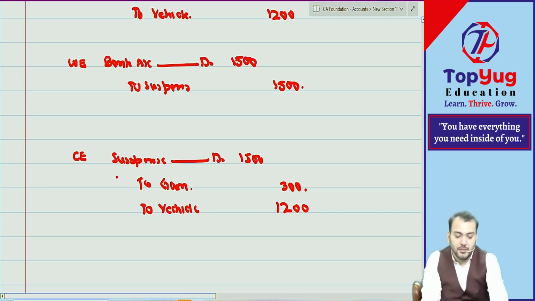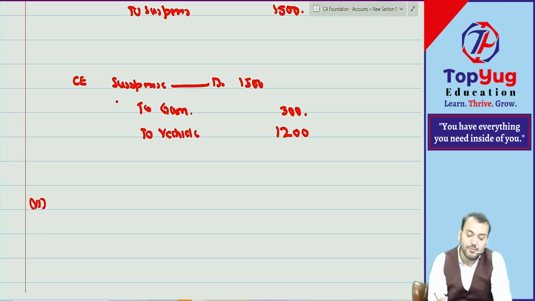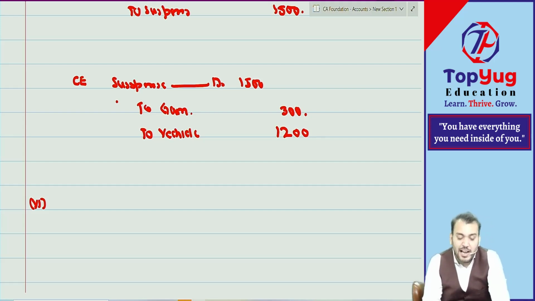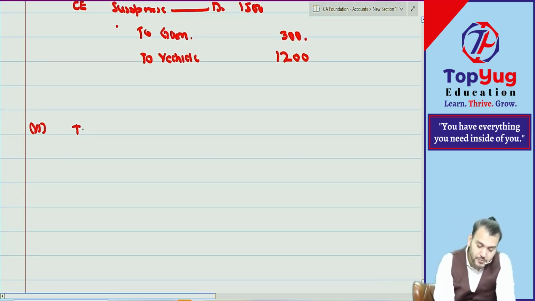Then point number 6. An accrual of 560 for telephone charges has been completely omitted, means it is not recorded. The accrual means outstanding expense. What journal entry will you do? What is the outstanding expense entry?